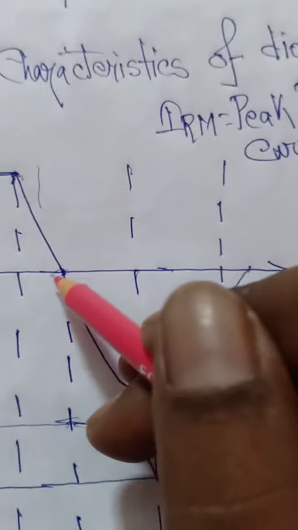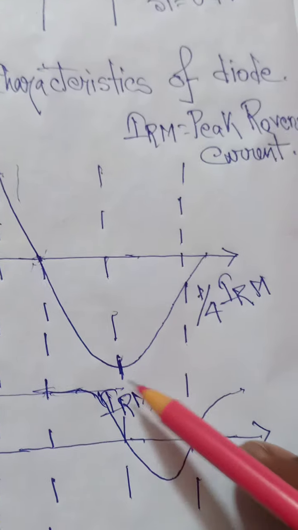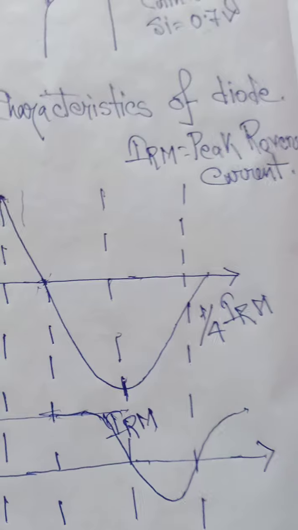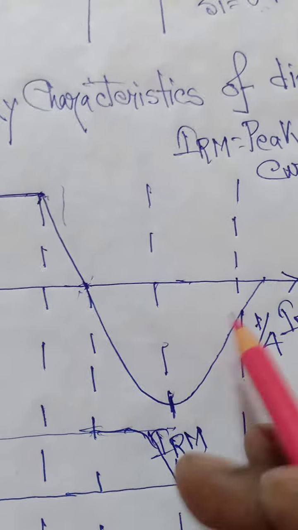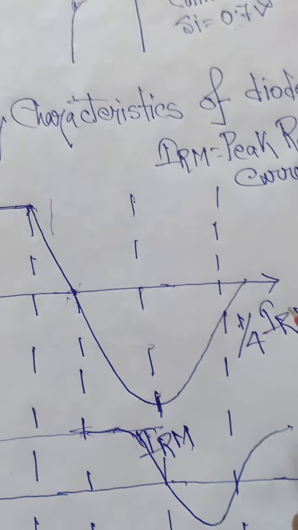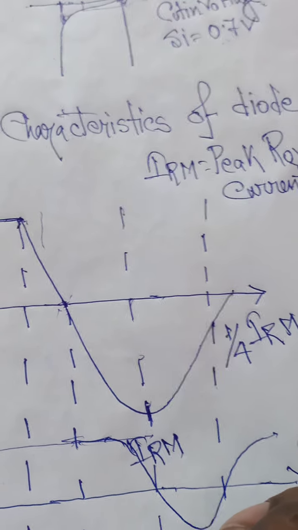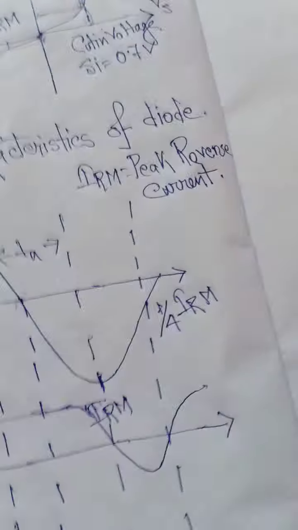That means it comes from forward biased to the 0 position, then after that it comes to the reverse peak reverse current, that is called IRM. These reverse currents flow due to the presence of storage charges in the depletion region as well as the semiconductor layer. So I said here that this is TA and this is TB.